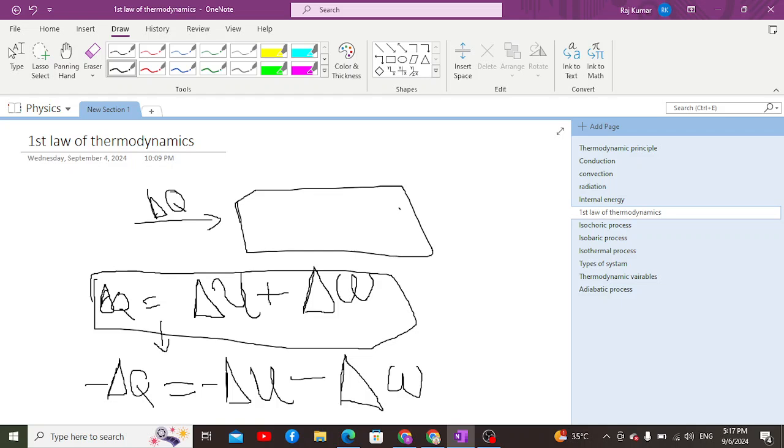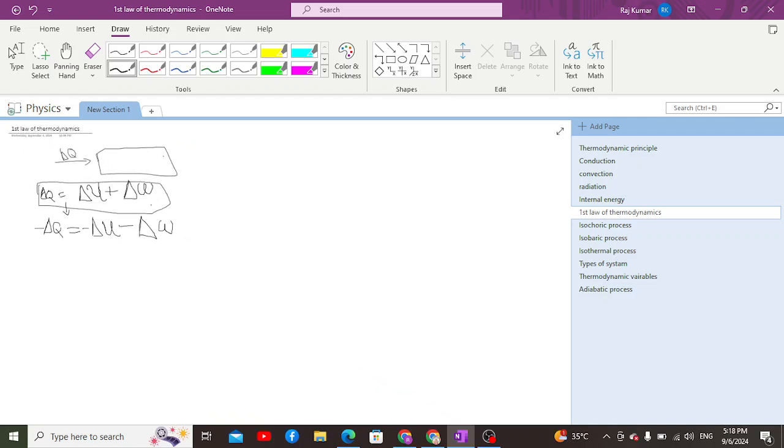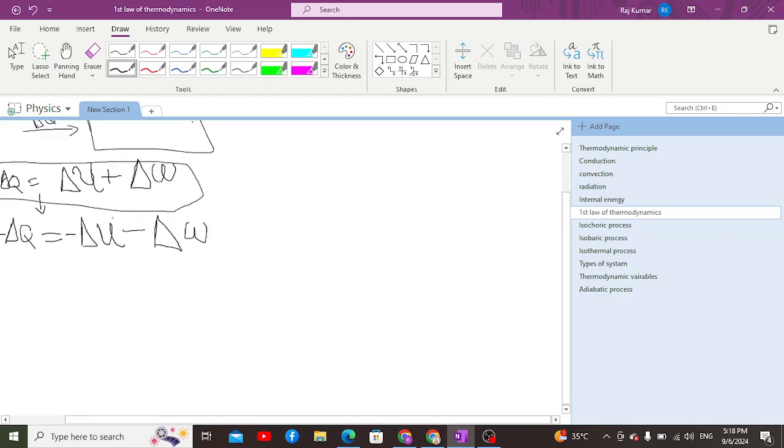The release of thermal energy of the system is equal to the decrease in internal energy of the system and the work done on or by the system. So these are the two major forms of the first law of thermodynamics.